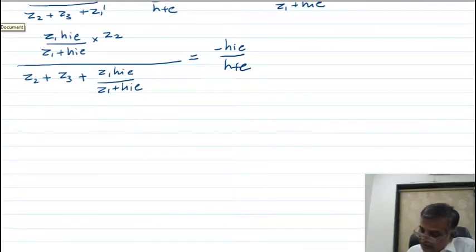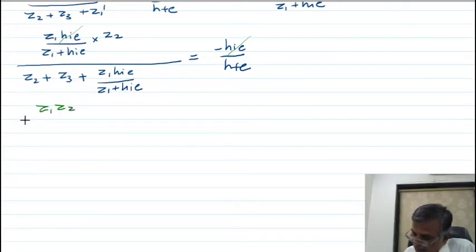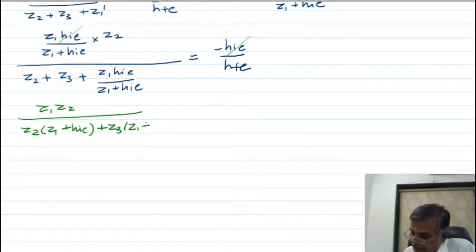You can see here HI is cancelled. So I can write Z1 into Z2 upon, taking the LCM, Z2 into Z1 plus HI plus Z3 into Z1 plus HI plus Z1 HI is equal to minus 1 upon HAV.